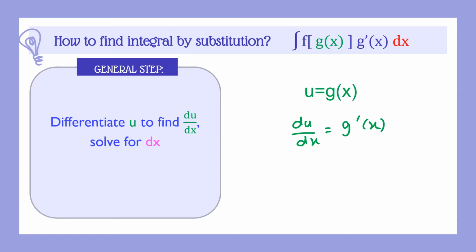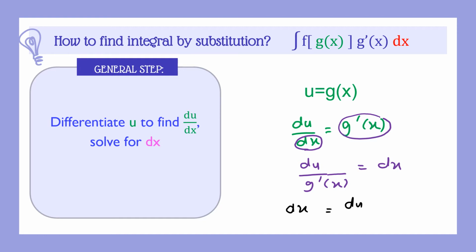So for this case, we change between dx and g'(x), tukar tempat. So jadi dia akan dapat du over g'(x) sama dengan dx. So then dx is du over g'(x).